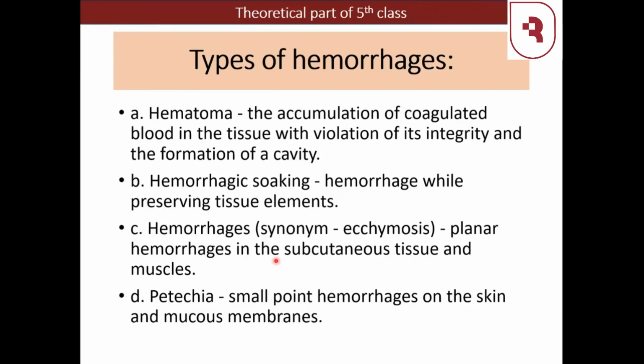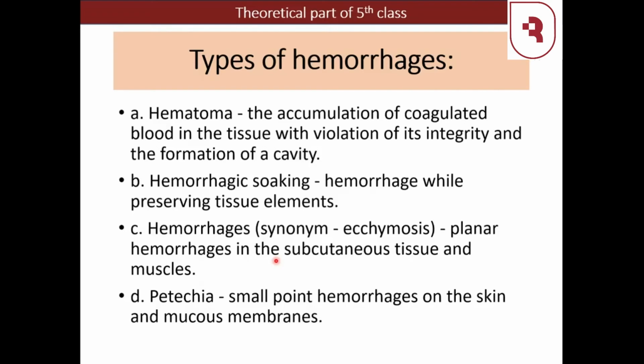We should know that all morphological manifestations of hemorrhages could be different in case of different reasons and different volume of them. Hematoma is an accumulation of coagulated blood in the tissues with violation of its integrity and the formation of a cavity.